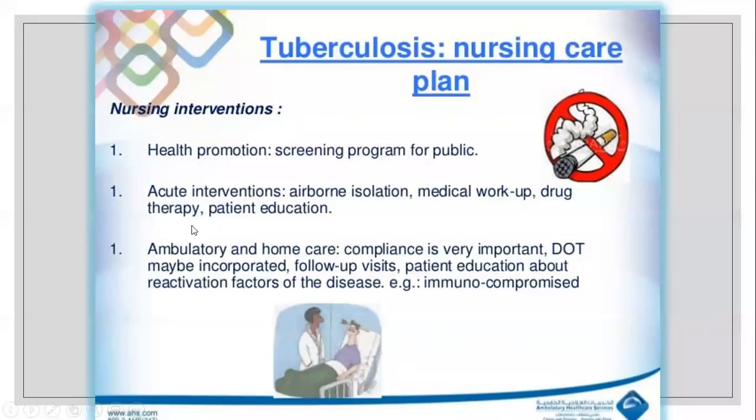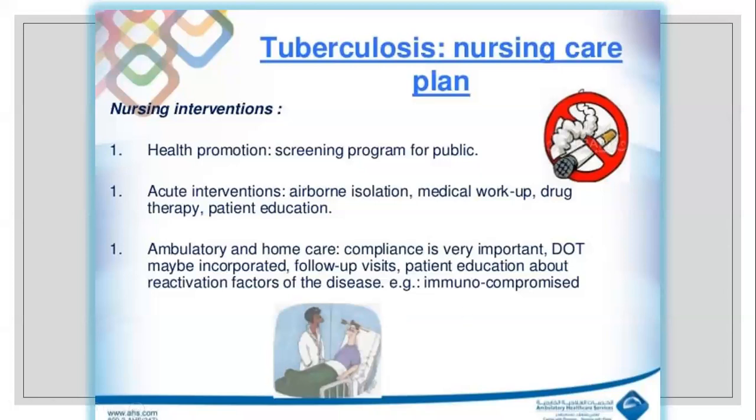There are three drugs we use. Patient education about the disease and about the medication side effects. Also, ambulatory and home care. Compliance is very important. Follow-up visits and patient education about reactivation factors of the disease, like being immunocompromised.